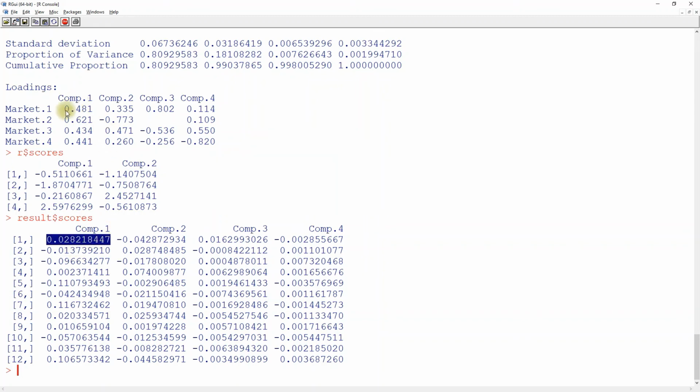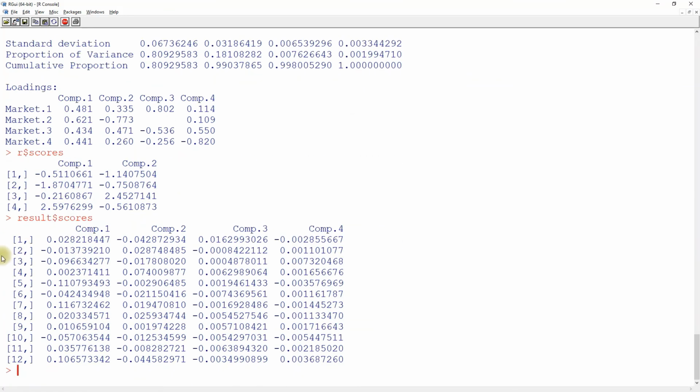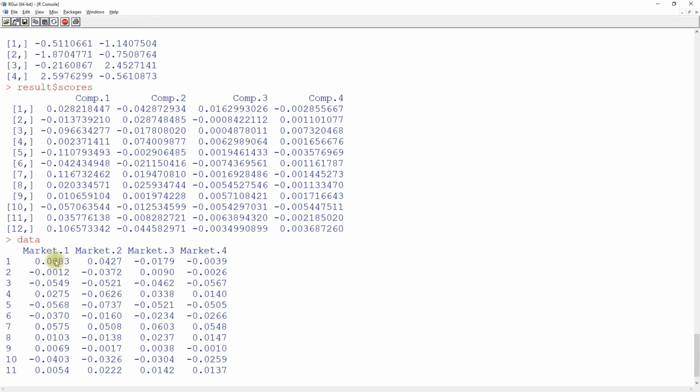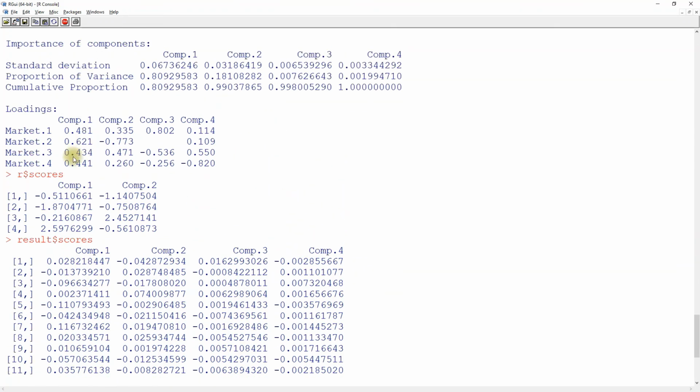By applying this formula that I've just shown you here, the data can be transformed. The data which was originally here, of course the centered data, not this as such, but the centered data, has been transformed using the formula that I'm showing you through this loading here, and you get these values.